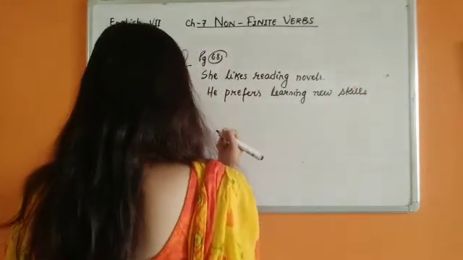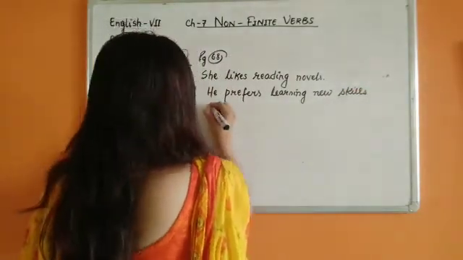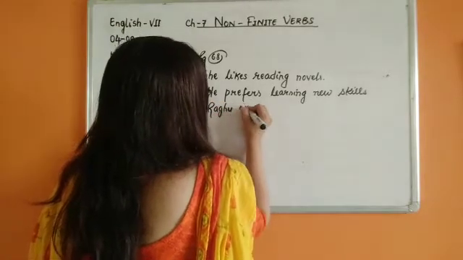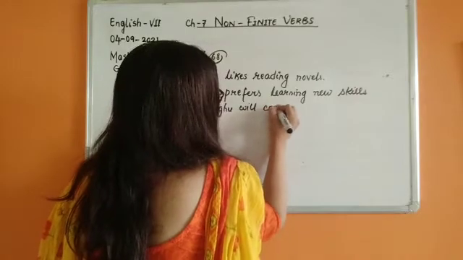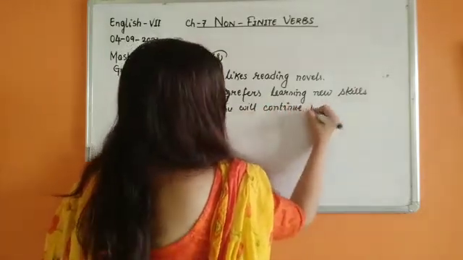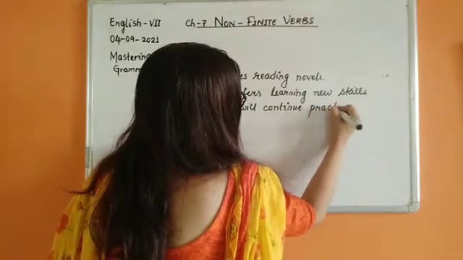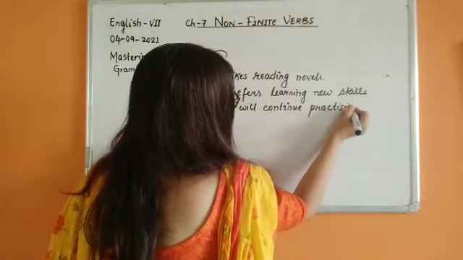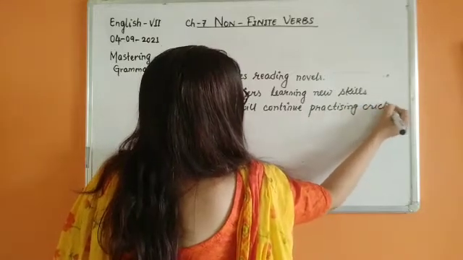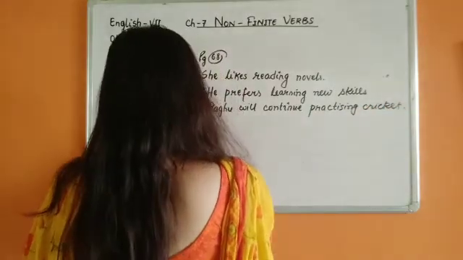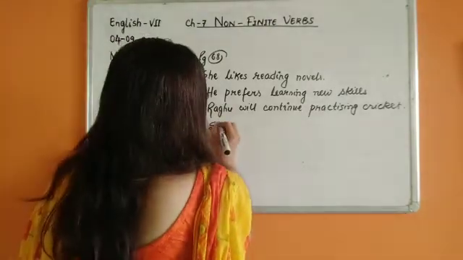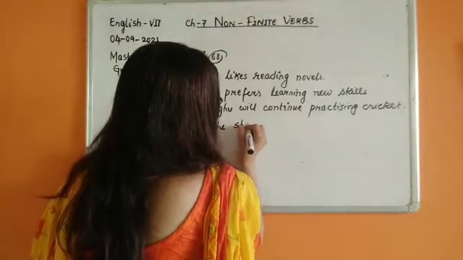Number 3, Raghu will continue to practice. Raghu will continue practicing. Number 4, she started to sing nursery rhymes. She started singing.